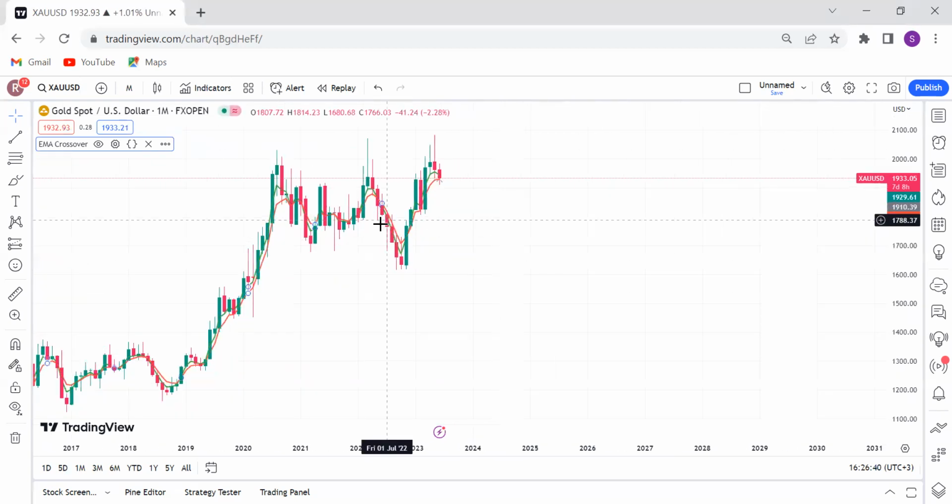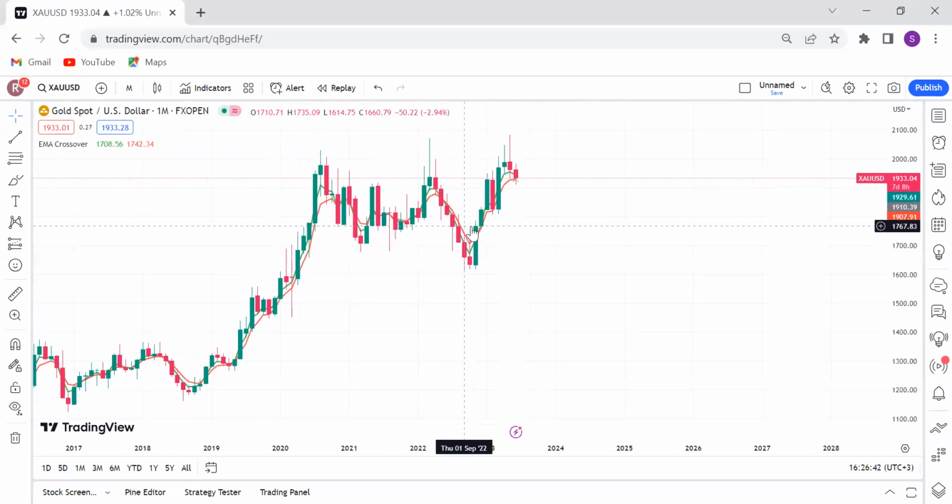As you can see, there's a series of triple tops, 1, 2, 3. Those are triple tops. They indicate that in the coming long term, maybe weeks or months, the few months to come ahead, the long-term trend will be a sell. That's the long term.